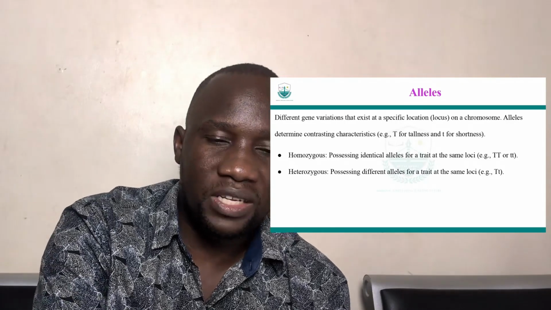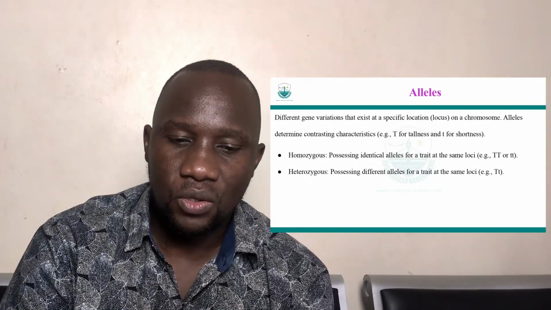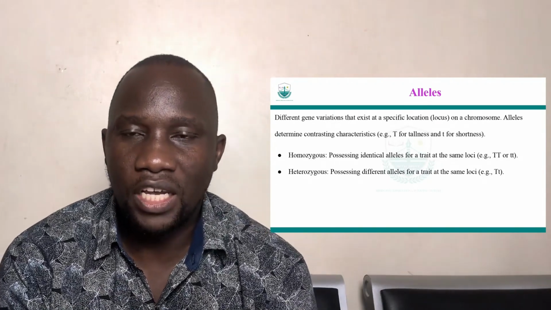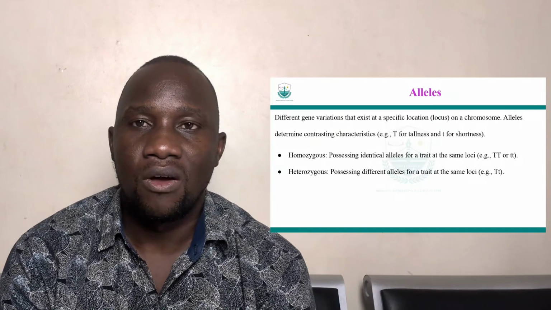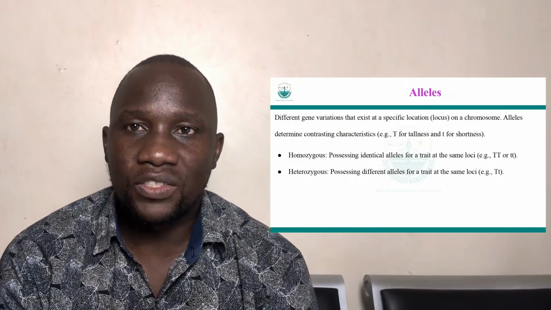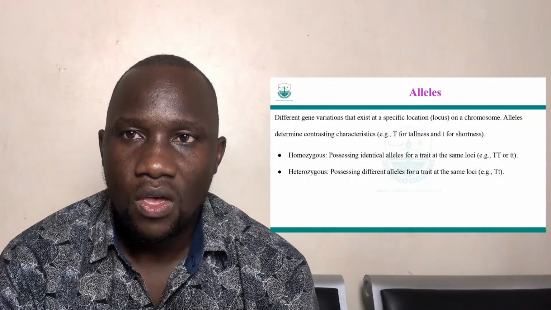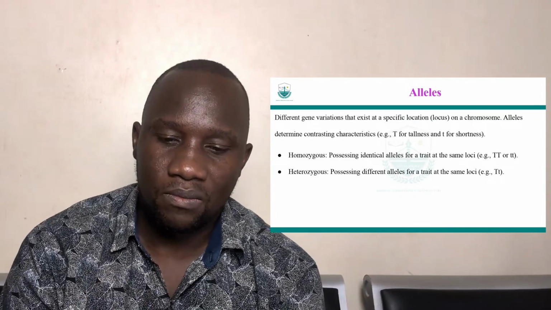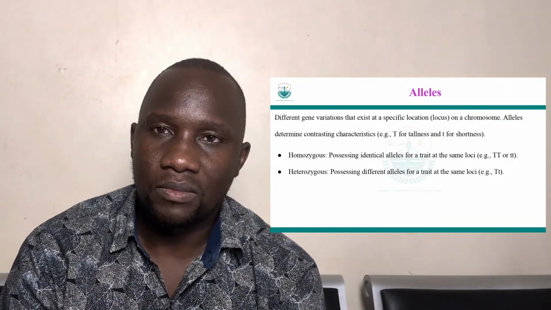This is the homozygous, they are the same. So we say that possessing identical alleles for a trait at the same loci is what you call homozygous. Heterozygous is when you have different alleles on the same loci.